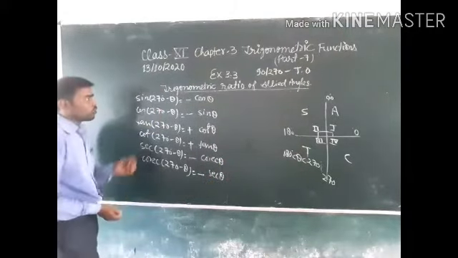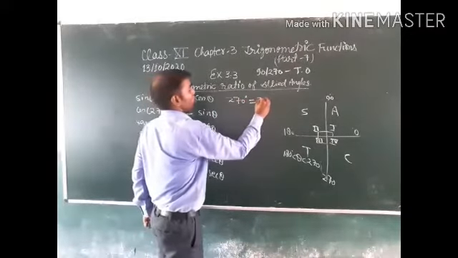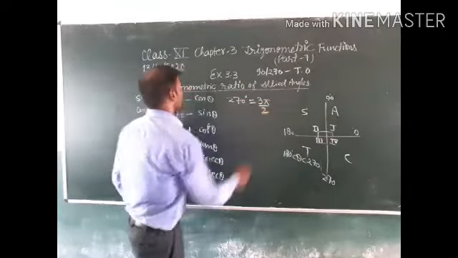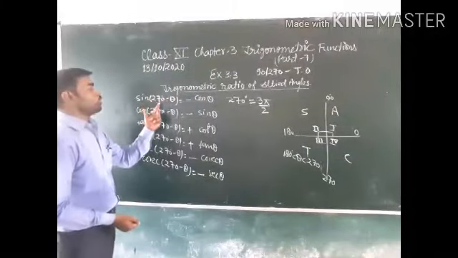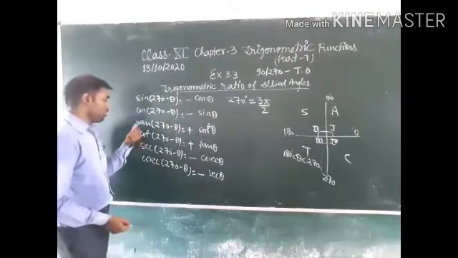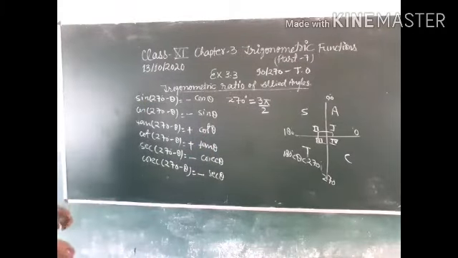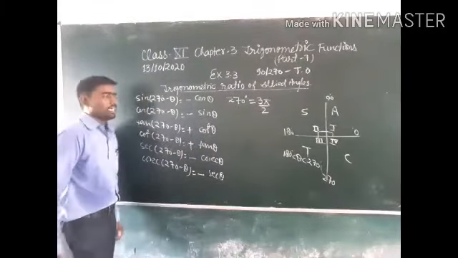You can also write 270 degree as 3 pi by 2. So sin 3 pi by 2 minus theta is equal to minus cos theta, and tan 3 pi by 2 minus theta is equal to plus cot theta. So this is the explanation of 270 minus theta.